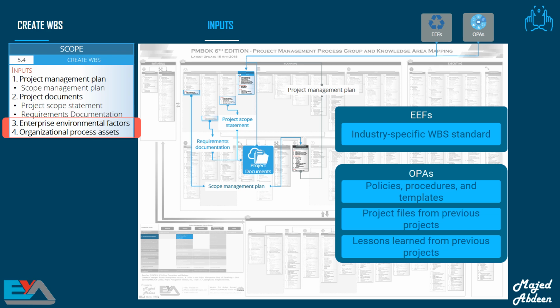These standards should be taken into consideration. And we need to look at the organizational process assets. Sometimes, when you work on repetitive projects or when your company has already done many similar projects, it's not logical to create the WBS from scratch every time. So you can use the previous templates, project files, and lessons learned from previous projects.